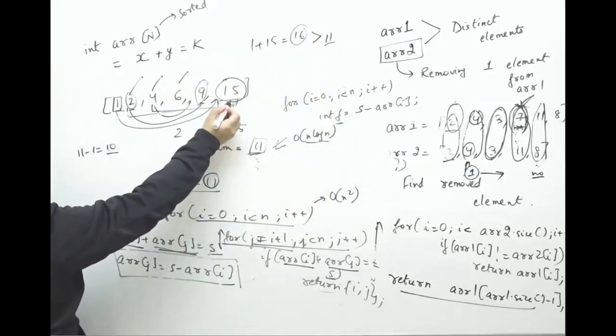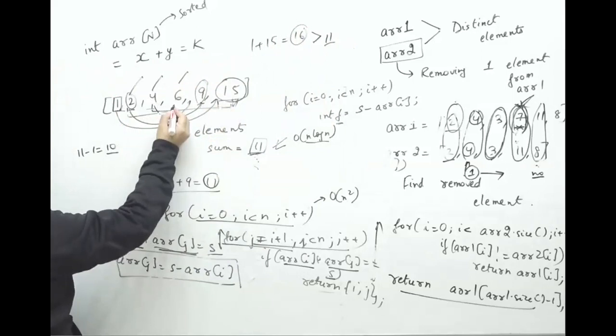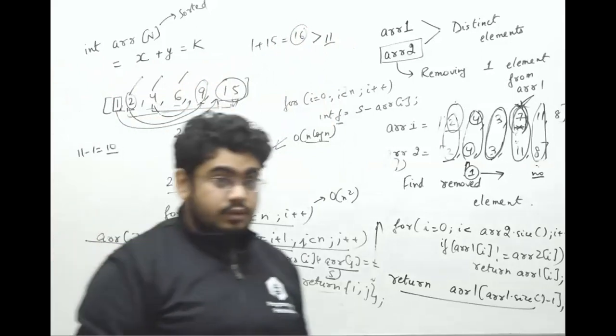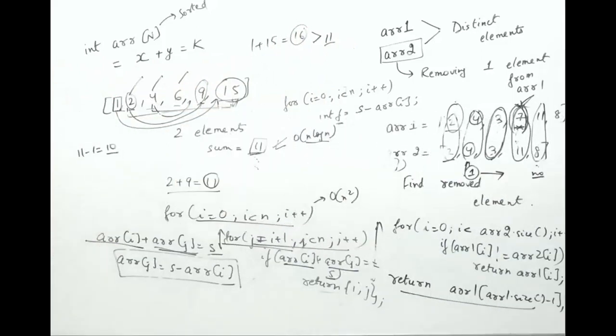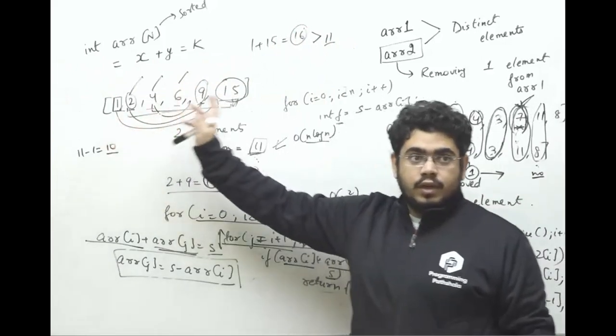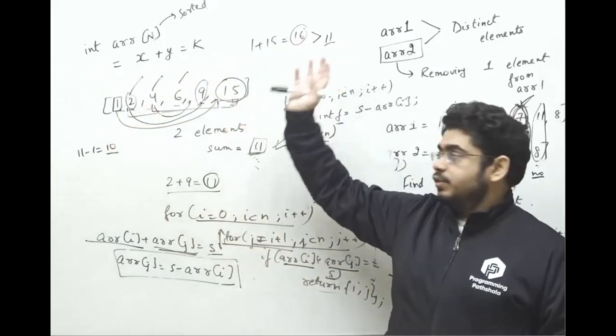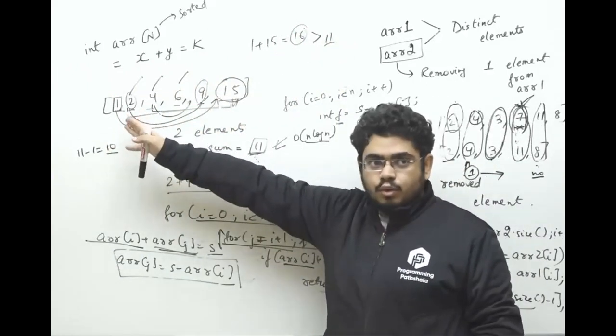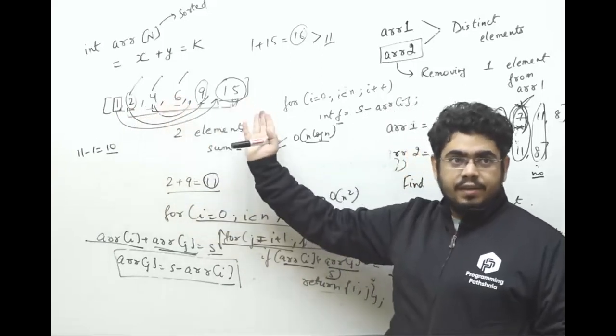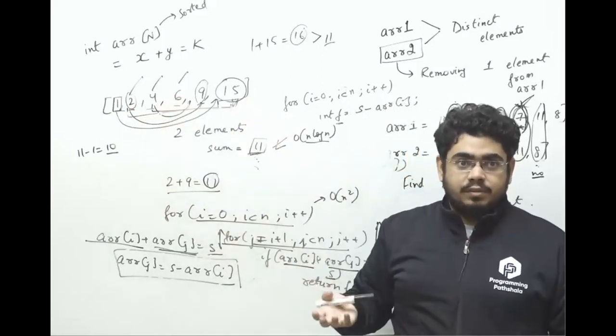That means this 15 cannot form a pair with 2, 4, 6, or anyone else. So can I say checking 15 with 2, 4, 6 is useless? Yes or no? Because even with 1 plus 15, 16 was greater than 11. With larger values like 2, 4, 6, checking with 15 does not make sense because it will obviously be more than 11.